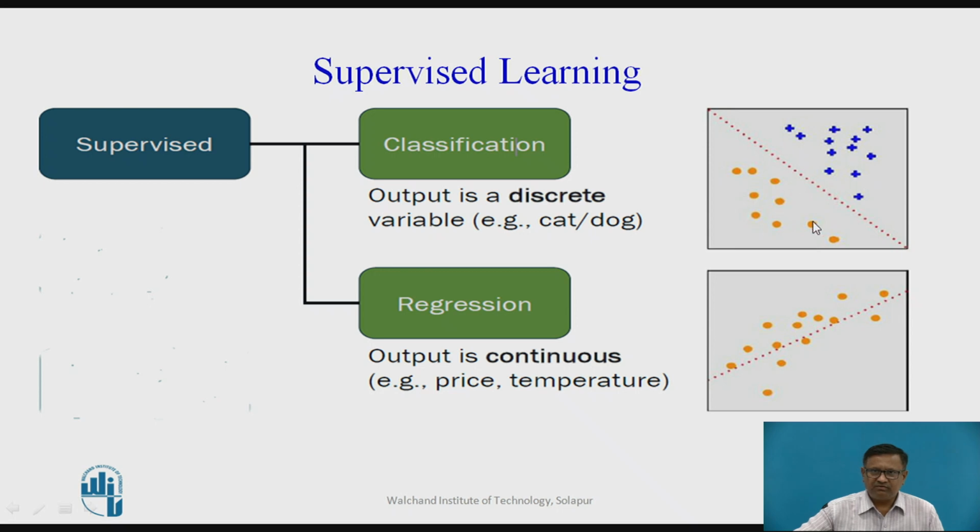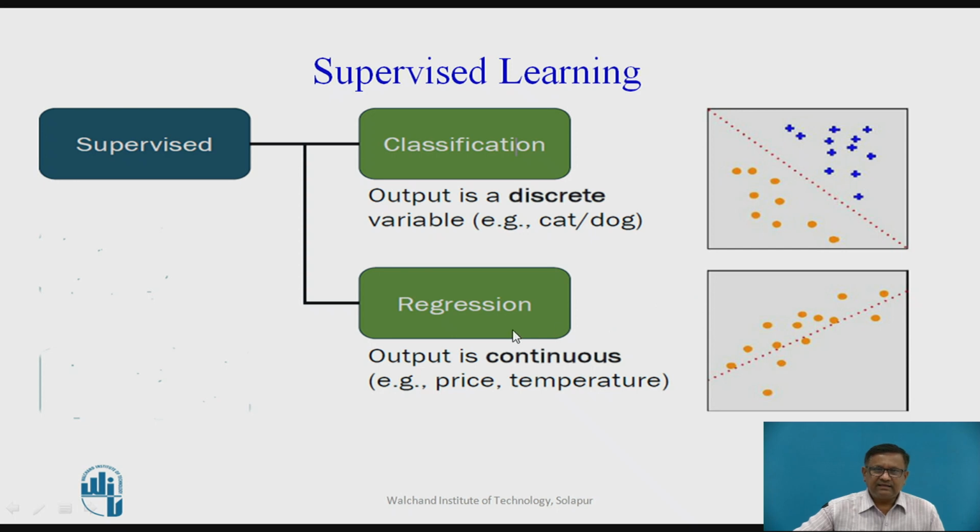This type of learning is called supervised learning, because we know orange means it is a cat and blue means it is a dog. So the machine can categorize it.